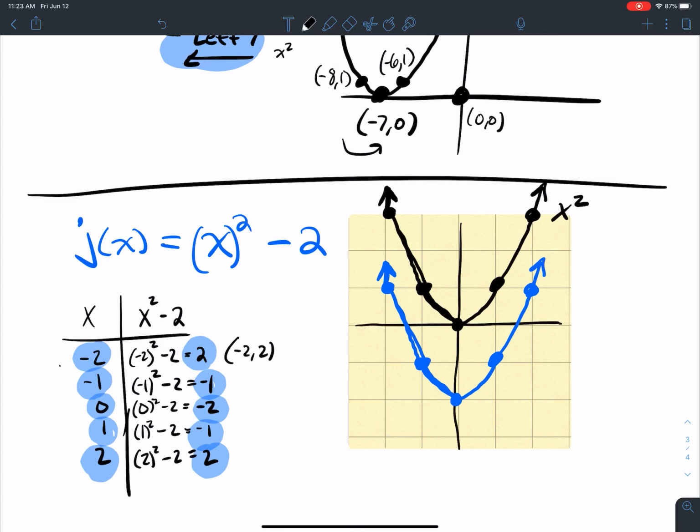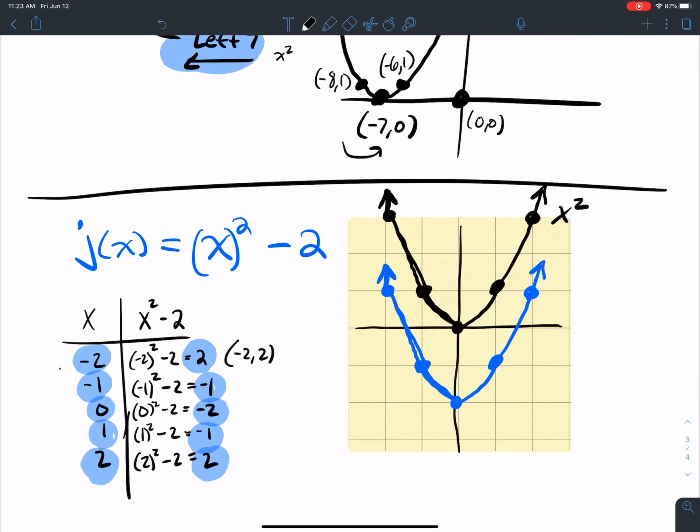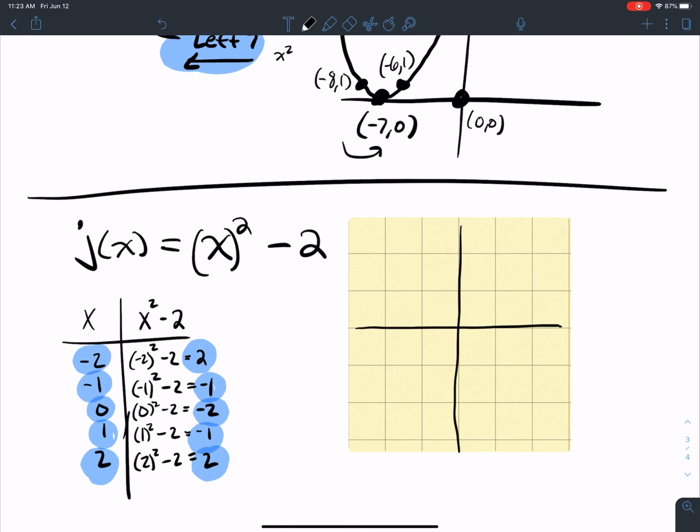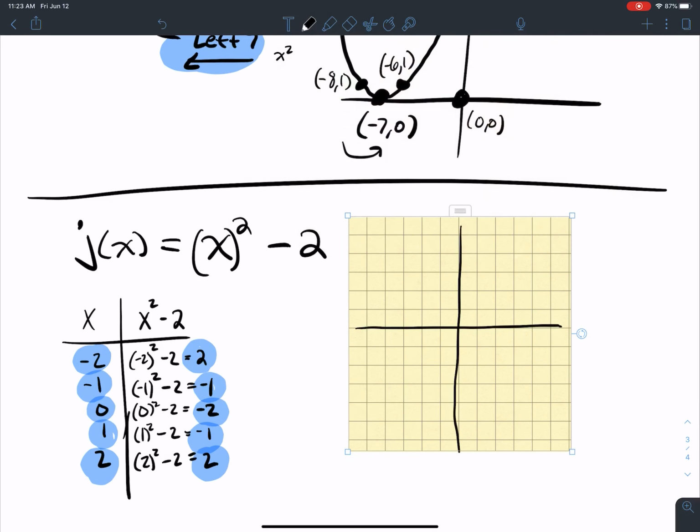Ooh, what have I done? Okay, I didn't get my dots exactly right. You know what, let me just back up here. I'll get these dots better. Let's change this. All right.